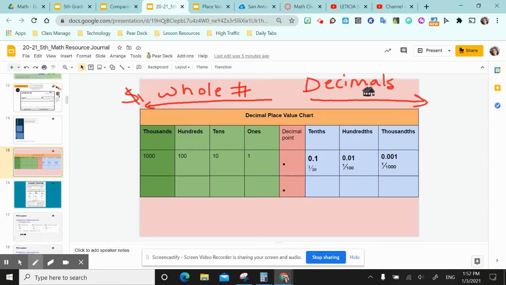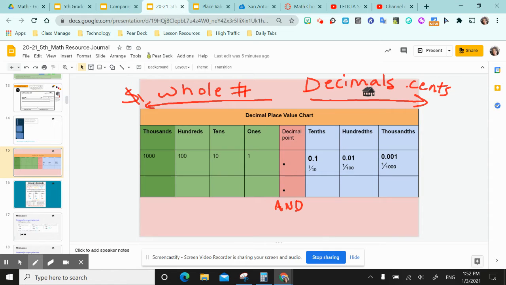And these are like your change, your cents. You don't have a whole dollar, you have part of a dollar. So your decimal point, remember we don't say dot or decimal, we say "and" when you're reading that.